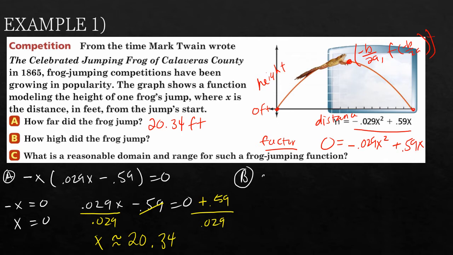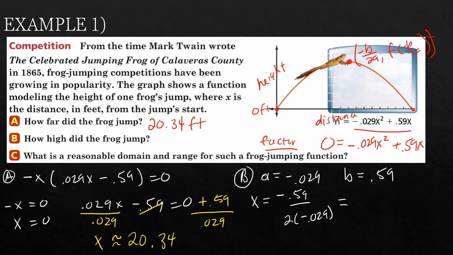Okay, so from our equation, we know that a equals negative 29 thousandths and b equals positive 5.9 hundredths. We're going to plug them in, and remember the vertex x equals negative b divided by 2a. So negative 5.9 hundredths divided by 2 times negative 29 thousandths.